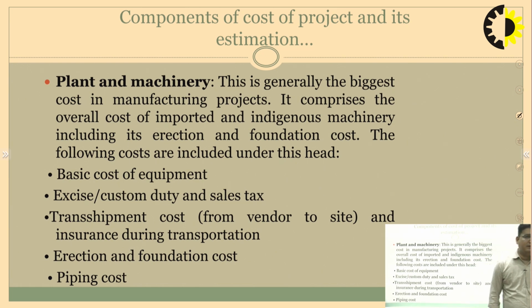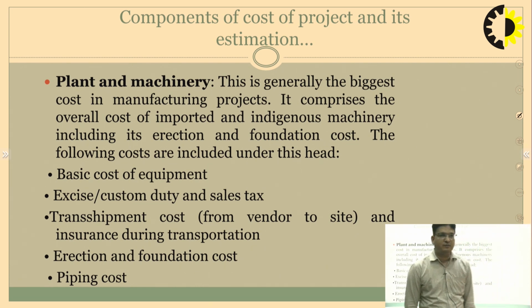Then sales tax. Now, transshipment cost is required. It has to be incurred because we are bringing it from the vendor to our site. Then, when we are bringing it from the vendor to our site, it must be insured during transportation, because any casualty may happen.